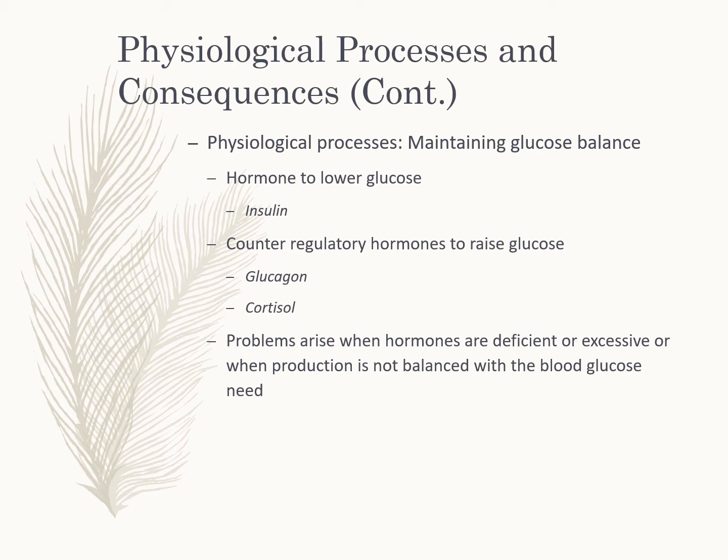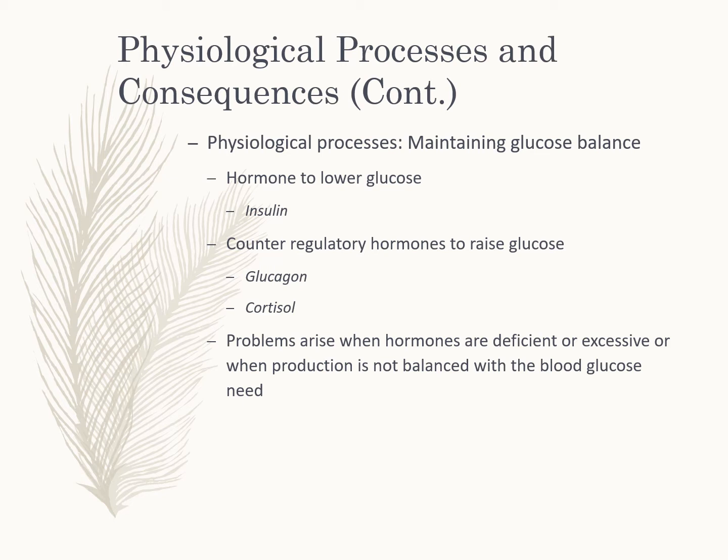So, in a healthy individual, glucose regulation occurs with little awareness given to the process. And to help maintain glucose homeostasis, there's a variety of hormones that are required. Now, insulin is the only hormone produced that lowers elevated blood glucose levels after carbohydrate intake.